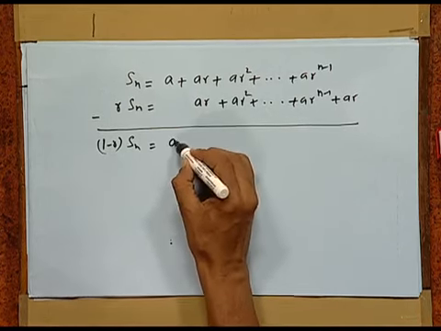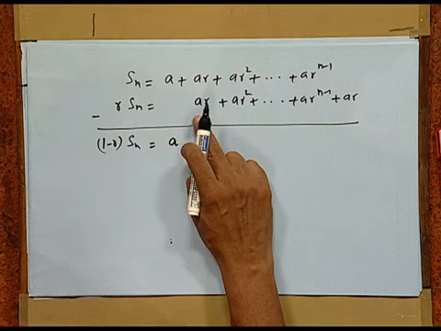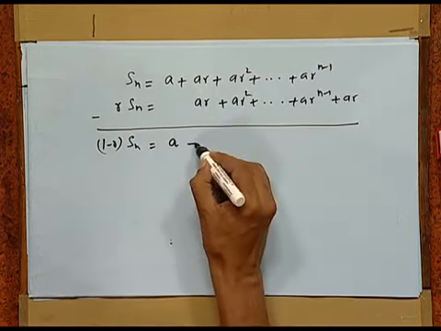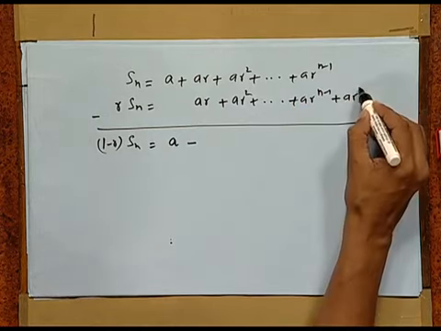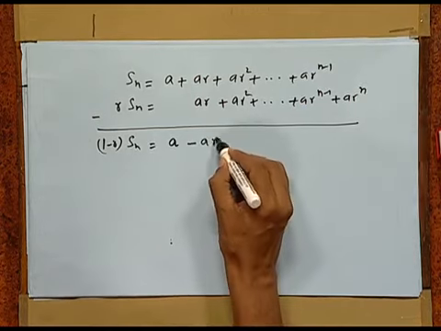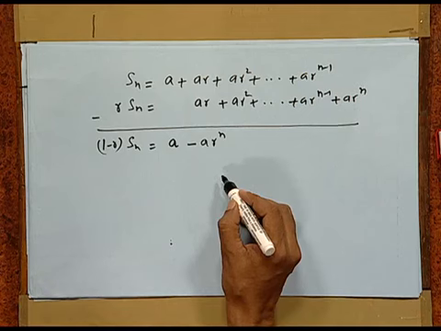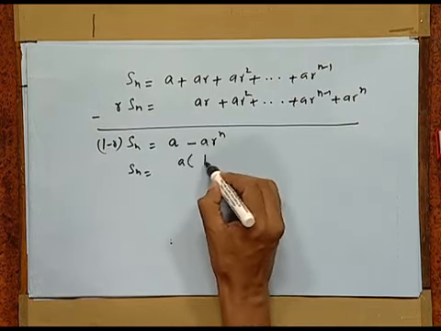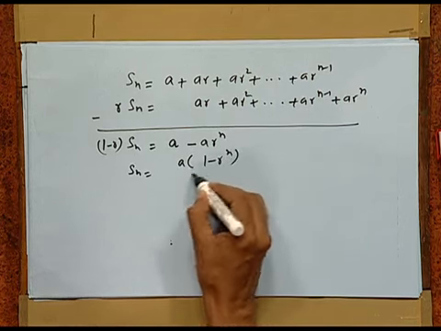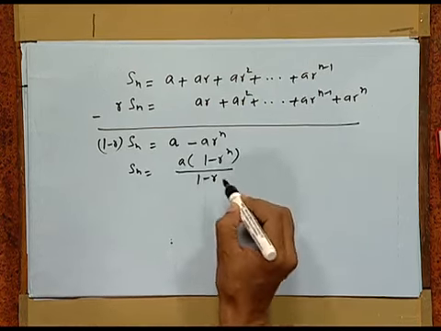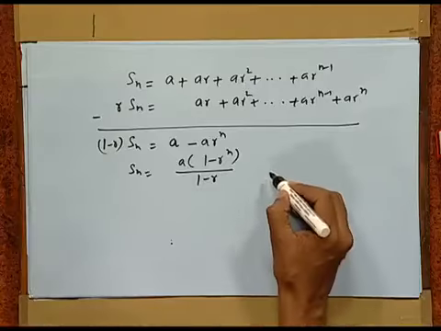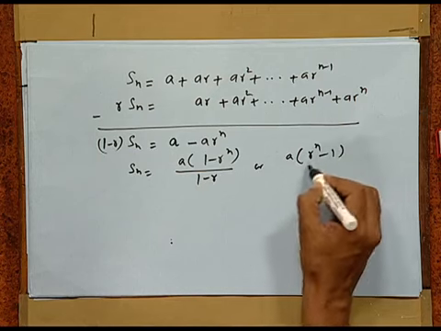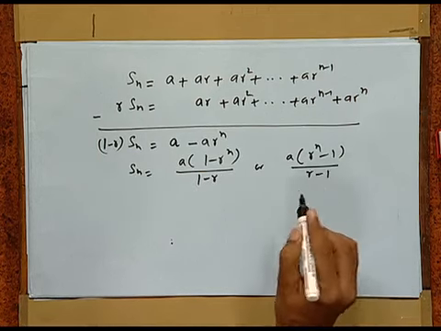The first term is A. From the second up to the nth term, all terms get cancelled. We are left with only A R raised to n. Thus, Sn is equal to A times 1 minus R to the n upon 1 minus R. It can also be written as A times R to the n minus 1 upon R minus 1.